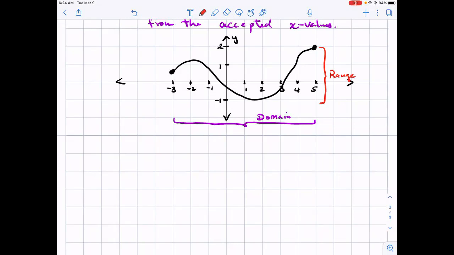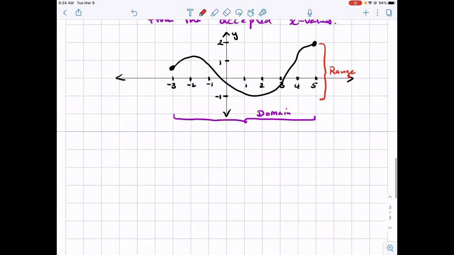So generally, if we have to write the domain for this function, it would be brackets, and we get brackets because this is a solid dot. -3, comma, and notice that there is no break, there is no part in the graph, if you trace it, that is not continuous. And that will go up to 5, and once again, a bracket.